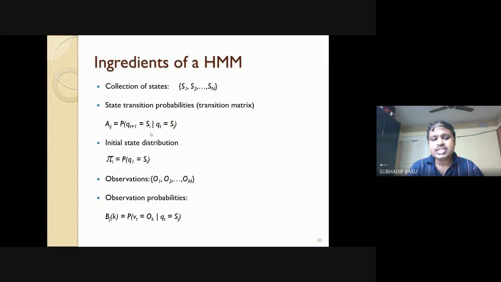So this gives the initial state distribution. Once you know the probability distribution of the first state, then you can map it to the state transition, like what is the next state?